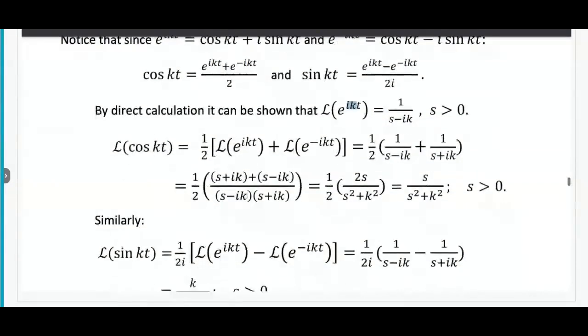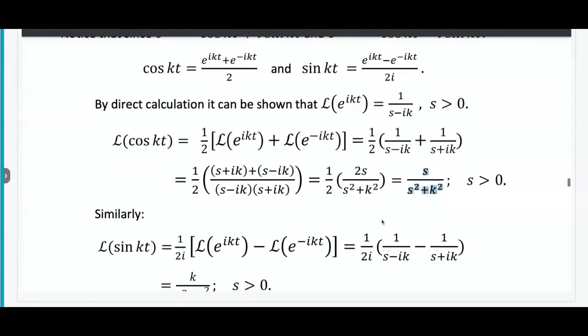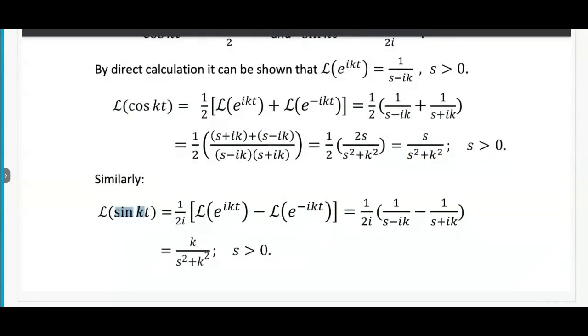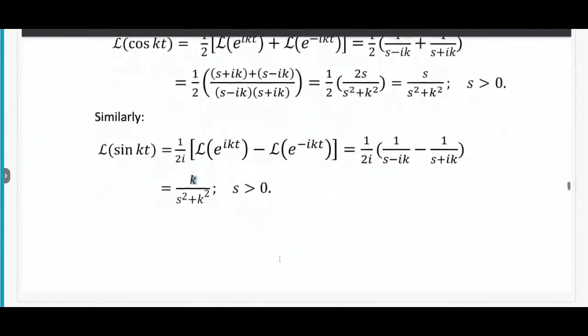So the Laplace transformation of cosine kt is s over s squared plus k squared. The Laplace transformation of sine kt is k over s squared plus k squared. So the default is s for cos, k for sine.